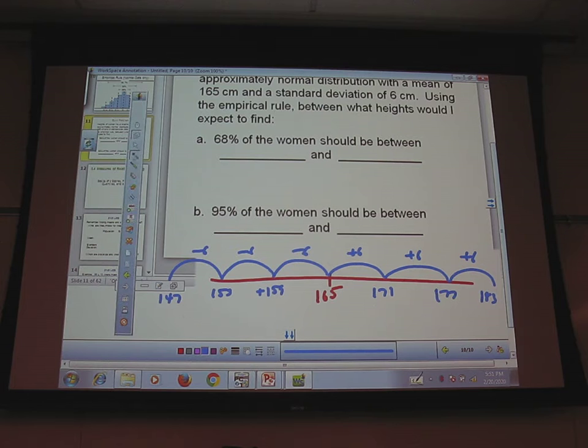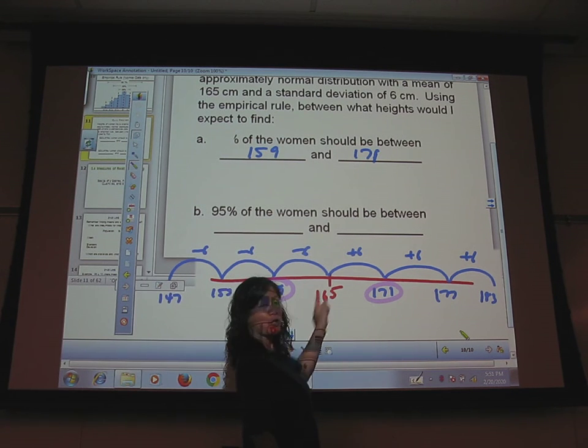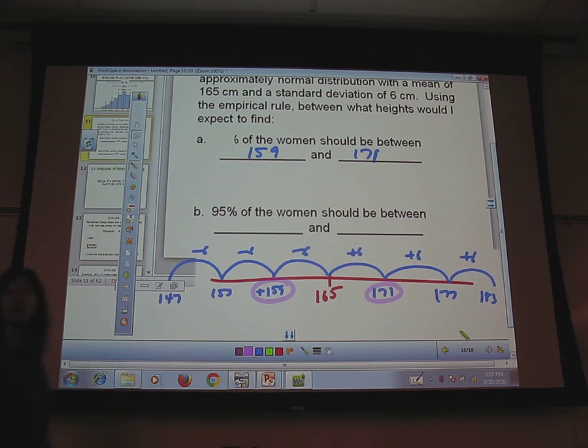So yours was what percent would be between 159 and 171? So you should look on there and say, oh, here's 159, here's 171. How many standard deviations away from the mean is that? Oh, it's 1 in either direction. So that should be what? 68%.